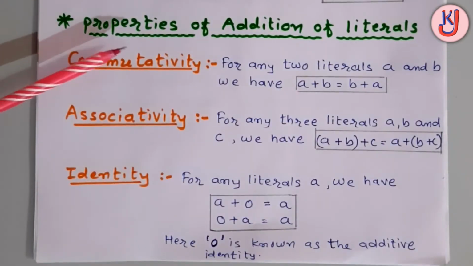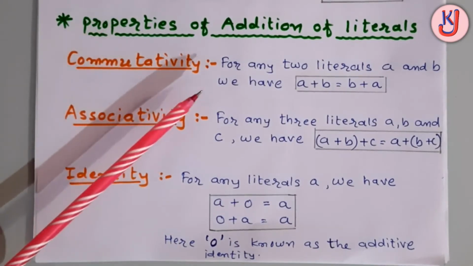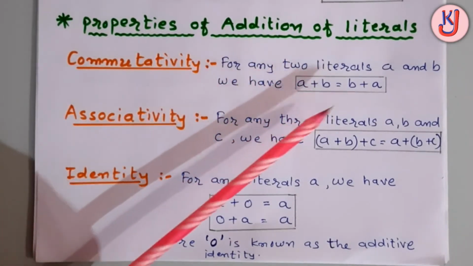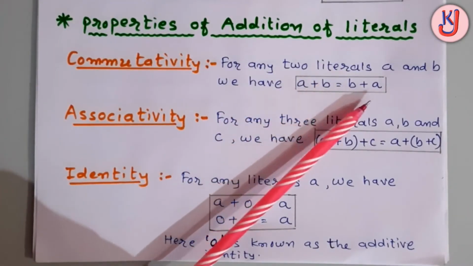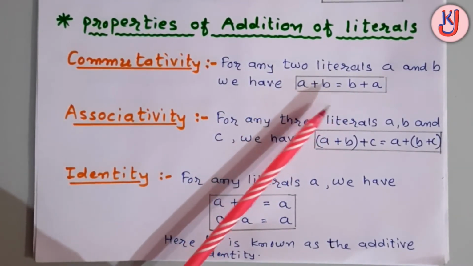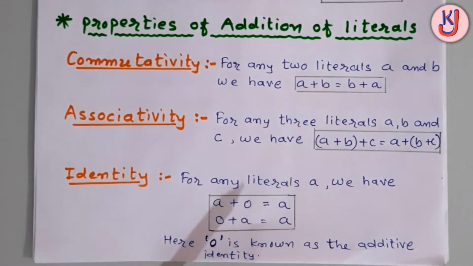Let's discuss some properties of addition of literals. Commutativity means for any two literals a and b, we can write a plus b or b plus a. The results are the same, so a plus b is equal to b plus a.